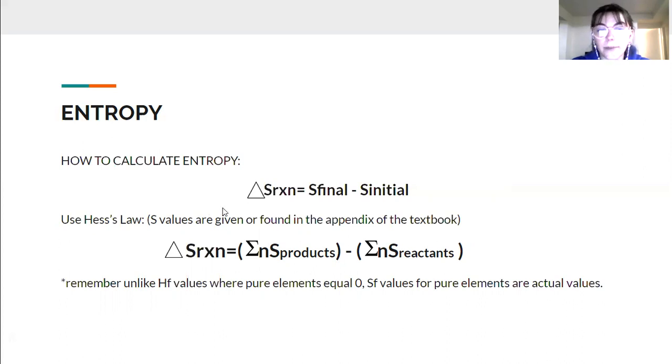Something that's important to remember, because this equation is basically the same equation as finding the delta H of a reaction: unlike the delta H of formation values, where pure elements are equal to 0, entropy values for pure elements are actual values, not 0.